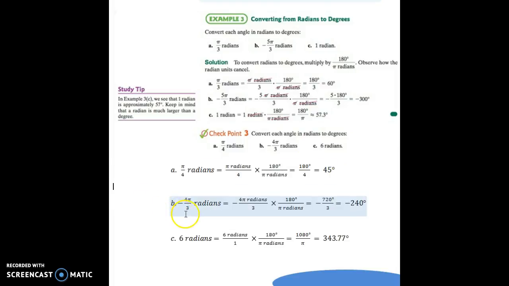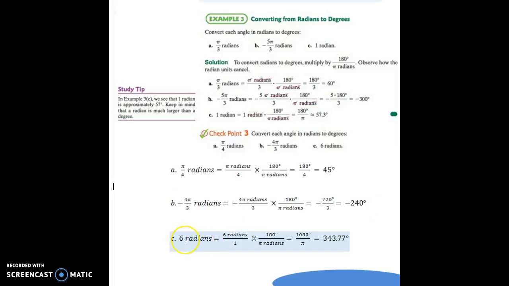Negative 4 pi over 3, again, remember the negative just goes all the way through the end. We don't have to do anything with that. So negative 4 pi over 3 times 180 over pi. The pi's cross out, so 4 times 180 over 3 gives you negative 240 degrees. The negative just sort of came with it.